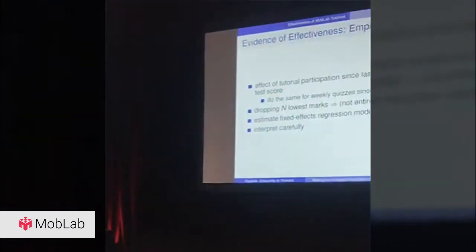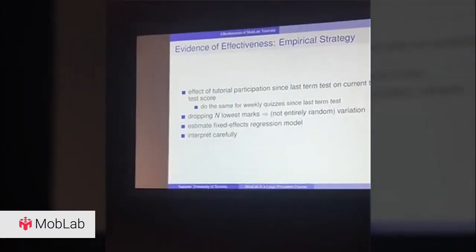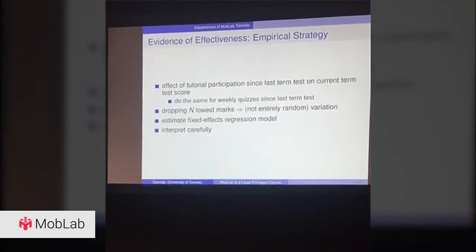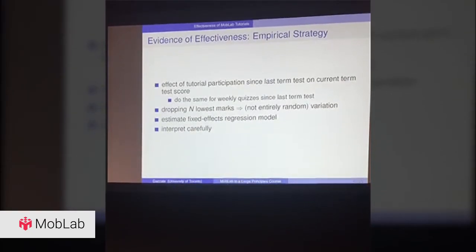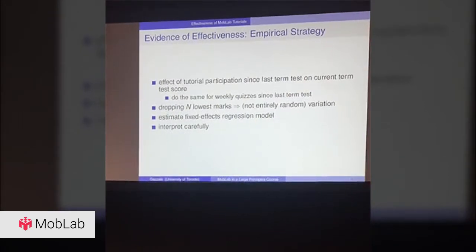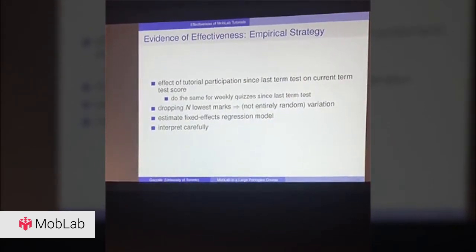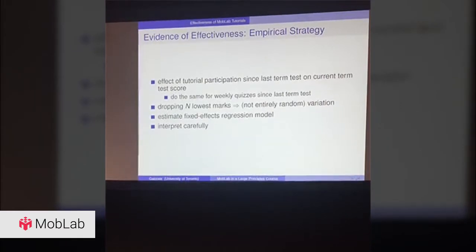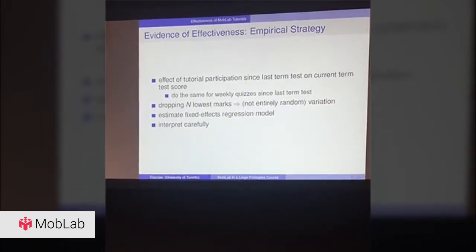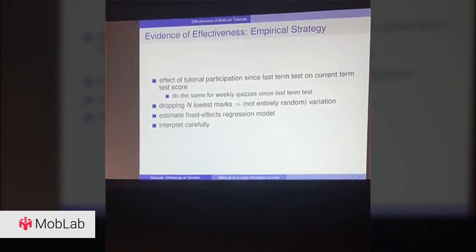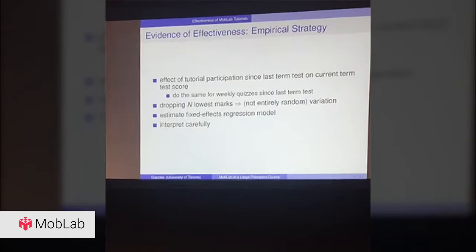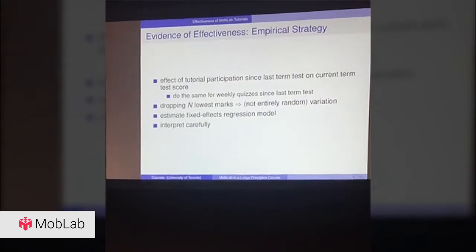So my empirical strategy, and I hate to do this to you, we're going to do a little bit of econometrics. Damn, I hate that. But I think it's important. I think it'll at least take away some of the questions that I'm sure to get. What I did, which turns out in hindsight really smartly, was that over the course of the year, I allowed my students to drop either their lowest participation in tutorial or drop their lowest quiz score.